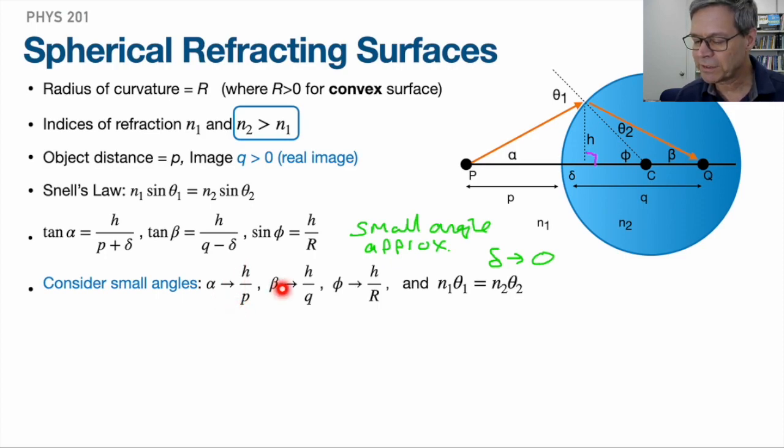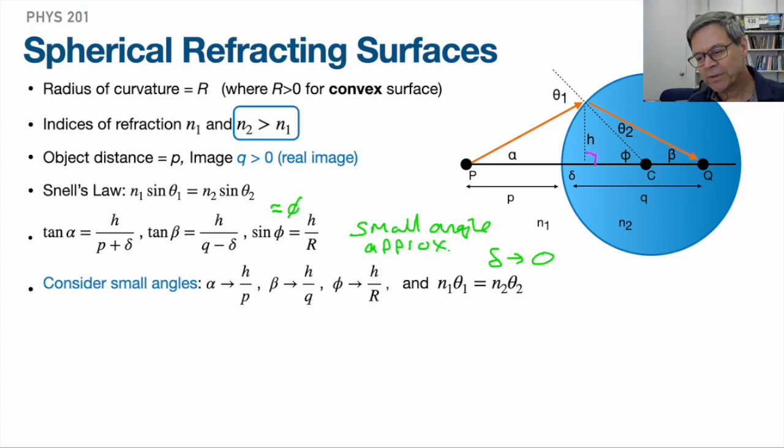Likewise, beta becomes just h over q. And for phi, it turns out that the sine of phi also becomes approximately equal to phi, just like the tangent did. And so phi goes to h over r. So that's what we mean by the small angle approximation.